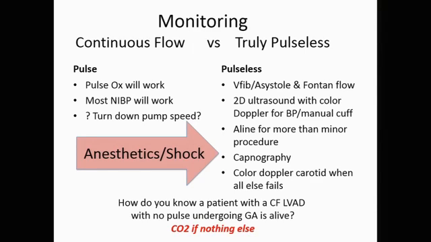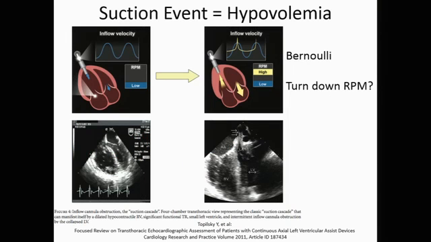Now, one of the things that you can get with hypovolemia in these people is suction events. With a suction event, what happens is this inflow cannula is suctioning blood out of the LV. And you've got this fabulous inflow, and here's a very nice ultrasound of this. But if you get hypovolemic, what will happen is the suction of the cannula will actually suck the septum into the lateral wall. You'll get fluttering inflow into the device, so you'll have a change in the inflow of the device.